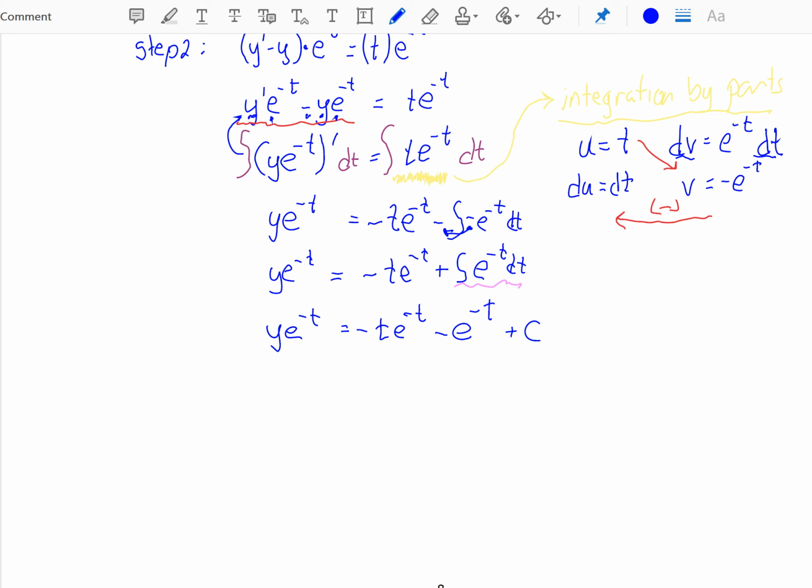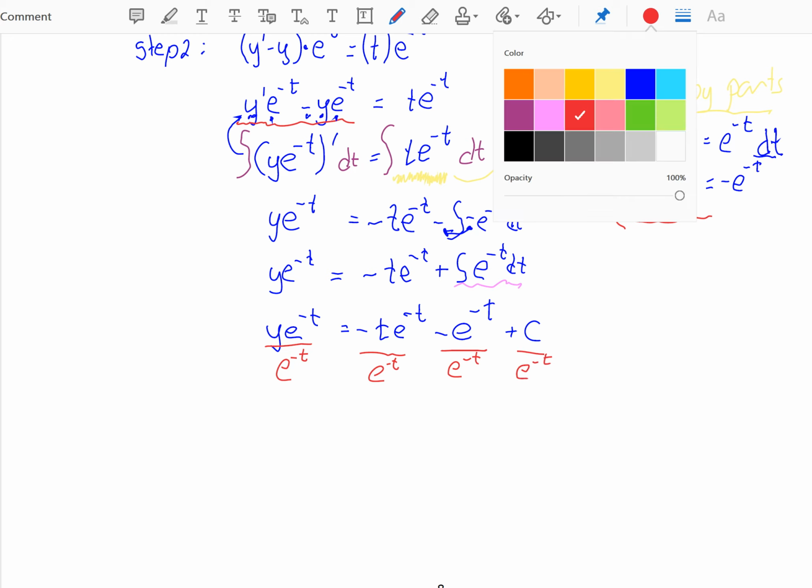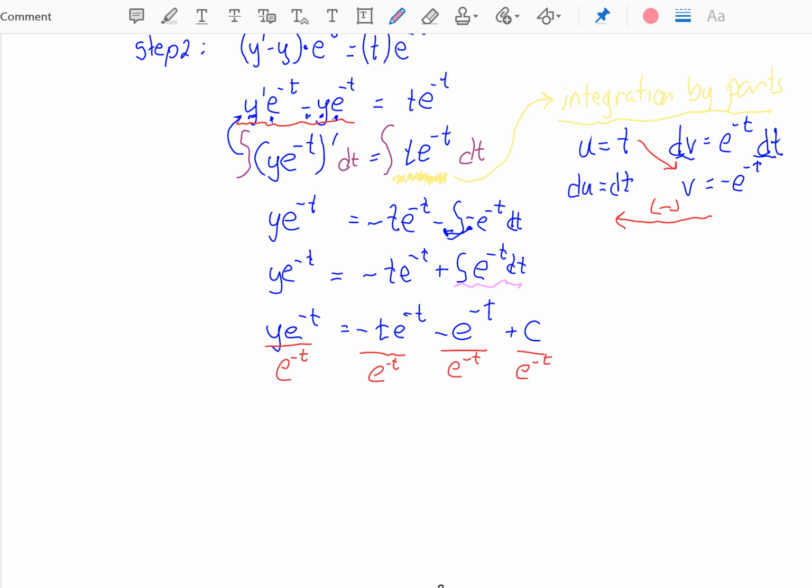Now remember, we always wanted to solve this expression for y. So now let's divide everything by e to the negative t. Notice that by dividing by e to the negative t, these factors will cancel.